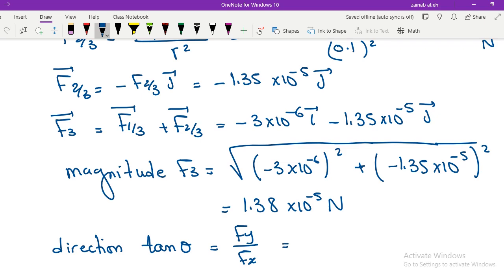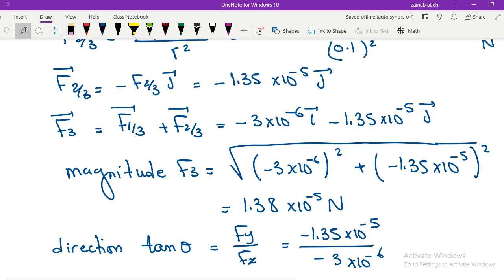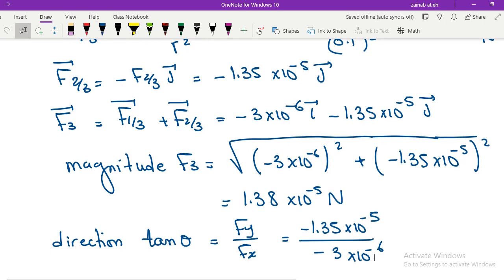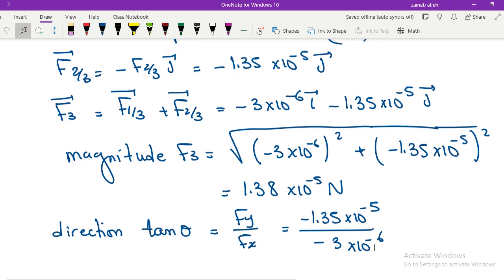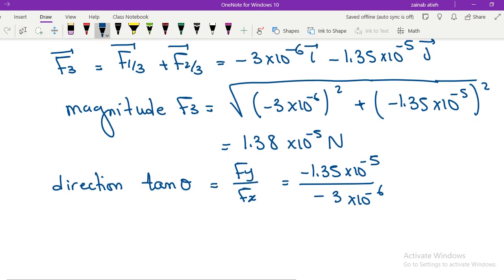So it's equal to minus 1.35 times 10 to the power minus 5 over minus 3 times 10 to the power minus 6. Okay, so using your calculators, you have to do shift tangent or arctangent or tangent minus 1, whatever you call it, and you will get theta, which is tangent minus 1 of Fy over Fx.